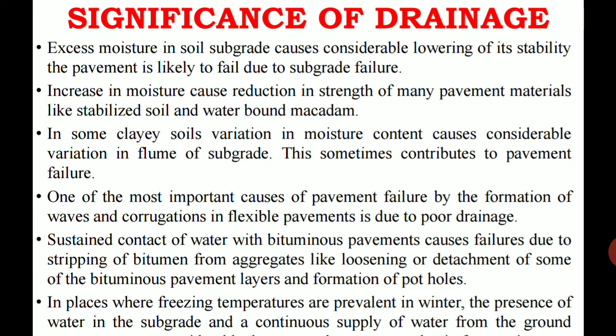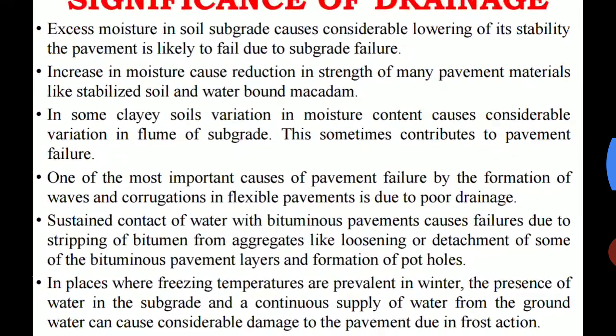In the same way, if the soil we have used in the road construction is this black cotton soil, then with moisture content variations it is going to change its total volume. When the total volume changes, the entire layers are going to have differential settlement, right?